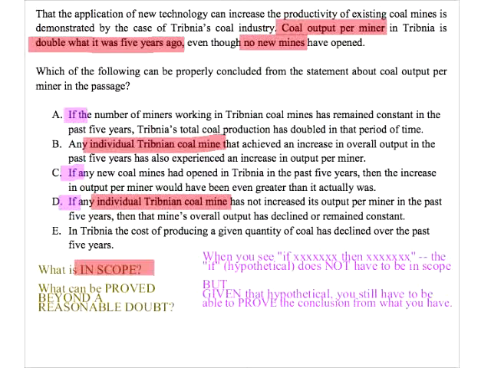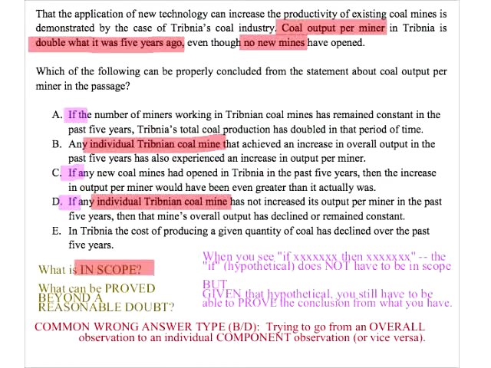One very common wrong answer type, which we see in B and D, but also in lots of different problems, is trying to go from an overall observation to an individual component observation, or vice versa. I mean, you can't do this, right?